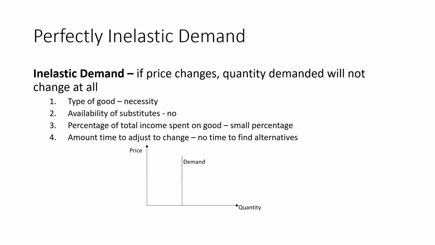If you need one pill a day to survive, no matter what the price of that pill is, you are still buying that pill. If there are no substitutes for the good, the price can go up and you can't do anything about it. You can't buy something else. If you pay a small percentage of your income to that good, a change in price may not change your demand.